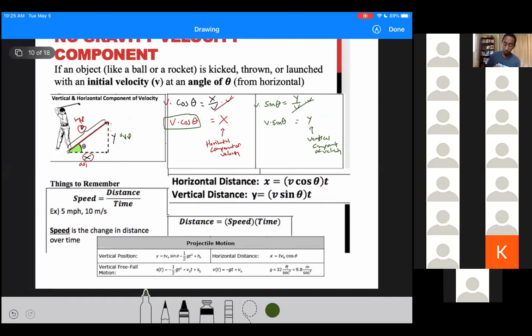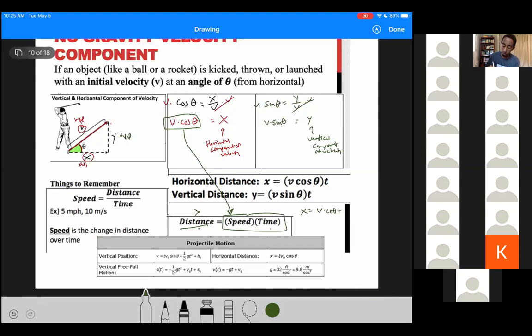If you want to know how far the ball has traveled horizontally, it would be that times time. So if distance is x now, x would equal our speed, v times cosine of theta, times time, which we don't know, which we'll say is t.